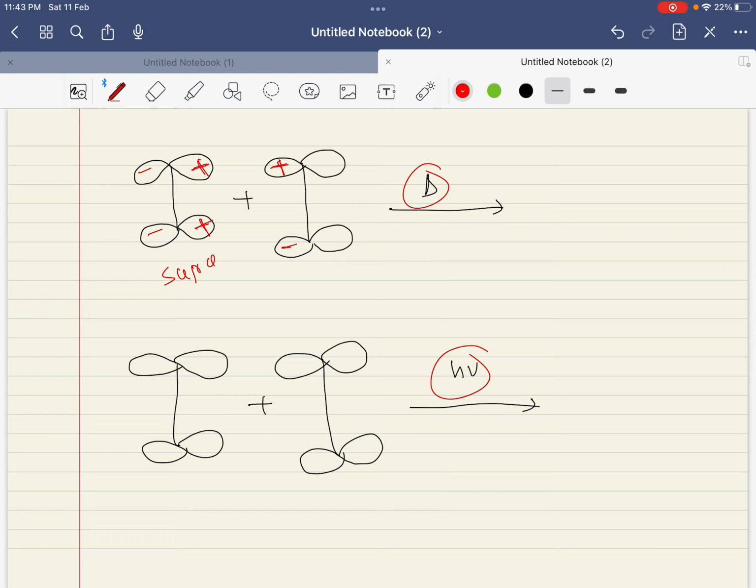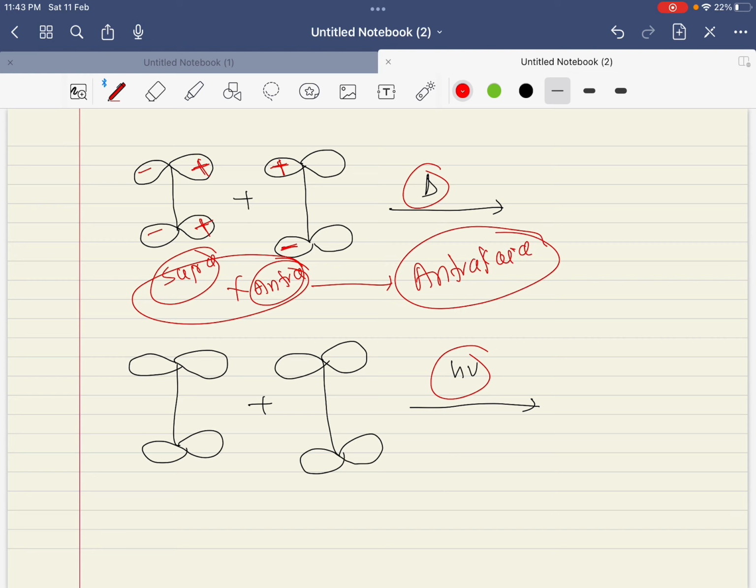This is intra, as one is positive and another is negative. This supra-intra combination is not possible. This will be antarafacial. If antarafacial, this is a forbidden reaction. So 2 plus 2 cycloaddition reaction in thermal condition is forbidden.